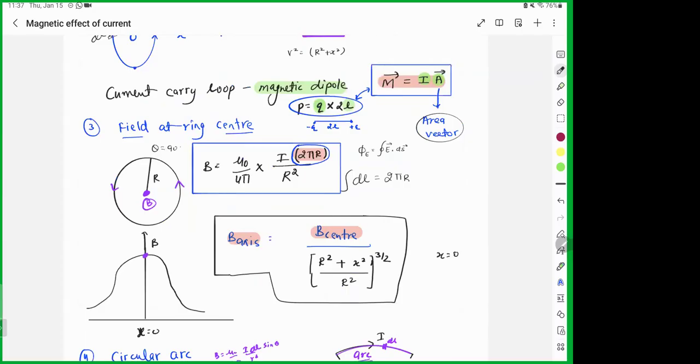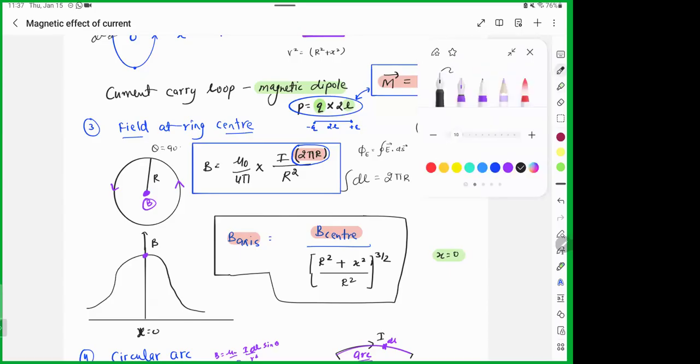When you calculate at any given axis, your x value is not 0, but at the center the x value will become 0. If you put x as 0, everything will be 0 and your axis will become the center. Make sense, guys? Yes or no?